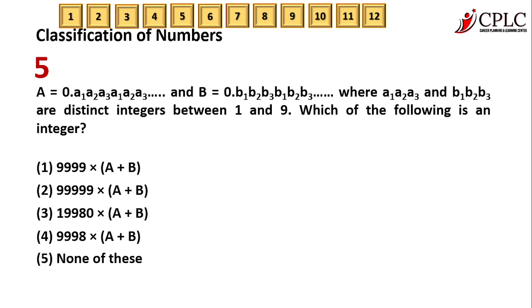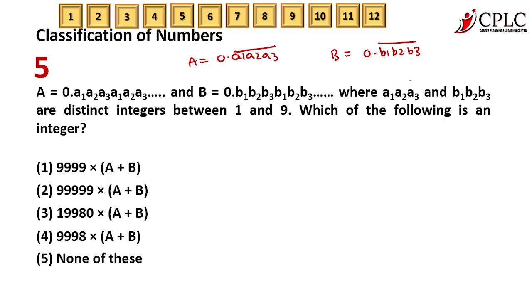capital A is 0.A1, A2, A3, A1, A2, A3 dot dot dot, and capital B is 0.B1, B2, B3, B1, B2, B3 dot dot dot. Now clearly after this point you should realize that the dot dot dot represents that they are recurring, which is 0.A1, A2, A3 bar, and capital B is 0.B1, B2, B3 bar, because they are recurring numbers.